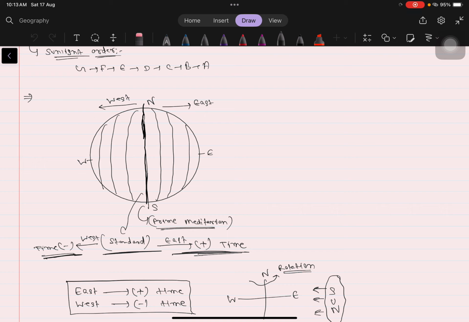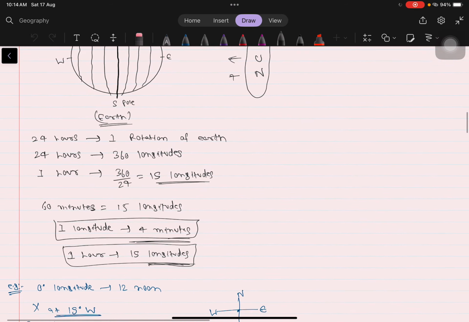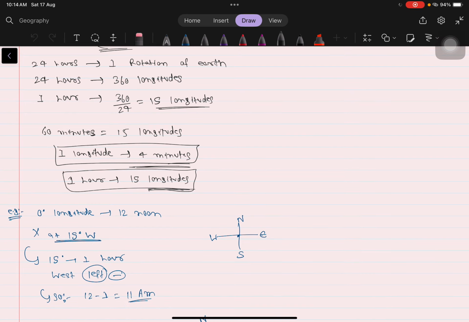Now we all know that earth takes 24 hours to complete one rotation, and in 24 hours a total of 360 longitudes are crossed. So in 1 hour it crosses 15 longitudes, and one longitude takes 4 minutes to cross. Based on this, we can find the different times at different locations.